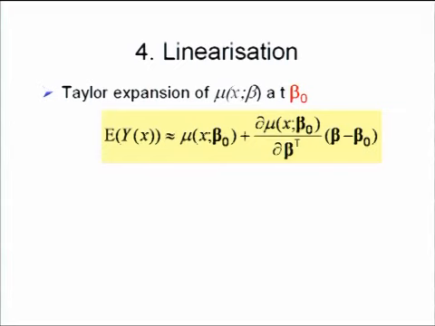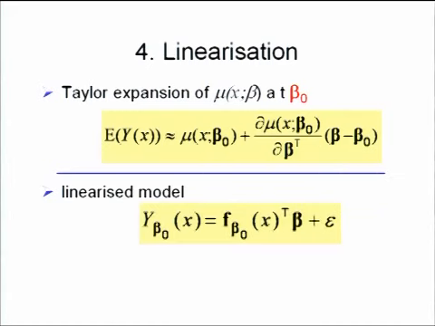This has to be some prior information to put in there, but we'll do it at the moment, and one might discuss the appropriate choice. If you do that, you find that you get something like a linear model. If you rewrite these things in a certain way, you get some constants, and you get something which is linear in the betas, and the derivatives of the mean response function with respect to the parameters will be considered as the corresponding regression functions.